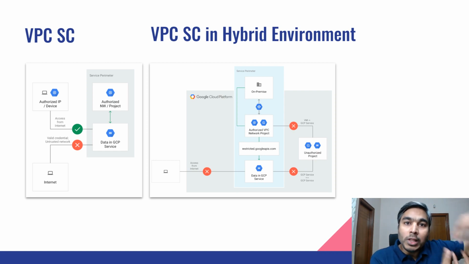And you can define all the combinations in terms of, hey, which IP address this request will come from. What kind of device? Is this an authorized device? This all is possible when you start using another service such as Access Context Manager in Google Cloud Platform. So with this, you will define ingress rules and egress rules for external communication to happen across the perimeter.